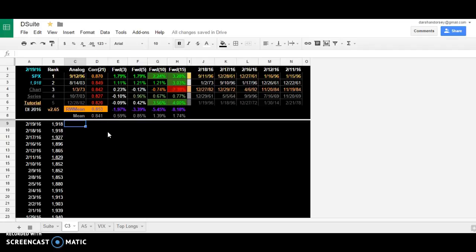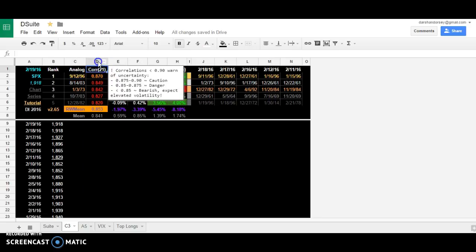Diving into the guts of the DSuite, we're on the C3 tab, and this is giving us a sliced tabular view of not just the top 3 analogs in gold, silver, and bronze, but also numbers 4 and 5. So these are the 5 strongest analogs.